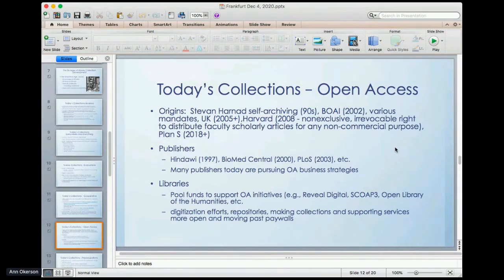The Plan S coalition of funders in Europe has added more impetus to this movement, while other initiatives in reaction or as creations, such as Knowledge Unlatched, Reveal Digital, SCOAP3, Open Library of the Humanities, and so on, have found very important niches in the distribution of good science and scholarship.